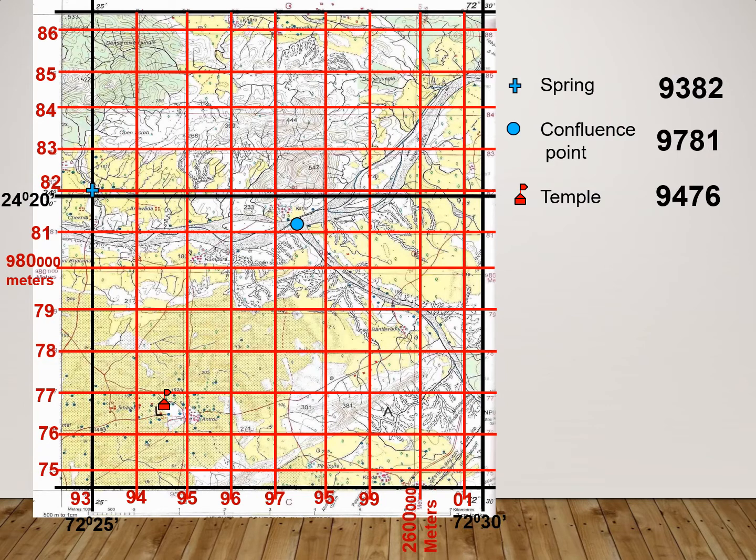I'll directly jump to the exercise for you to understand the 6-figure grid reference that you are supposed to solve in the classroom. Otherwise, the other slides I have already explained to you in the class lessons.